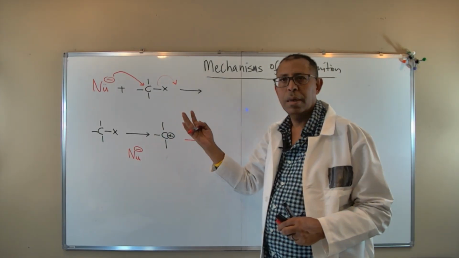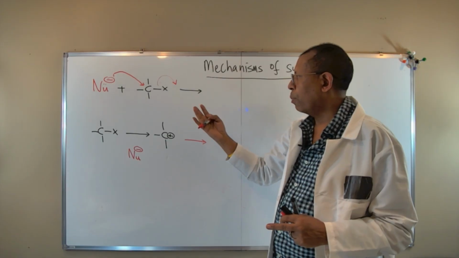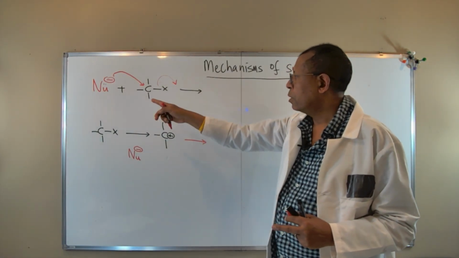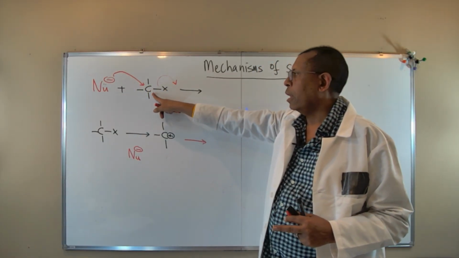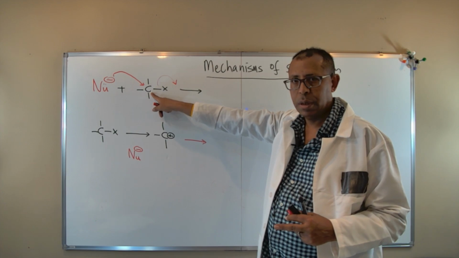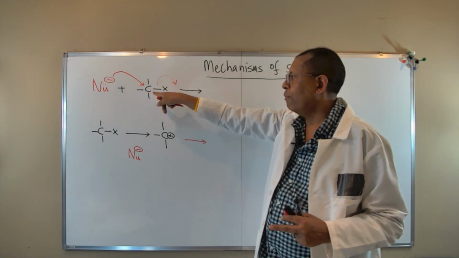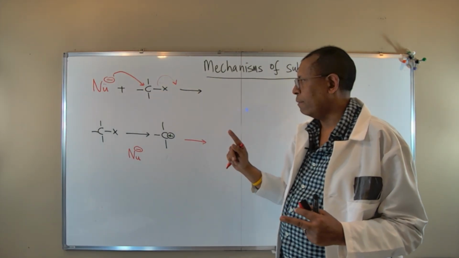So that's the first mechanism proposed in a substitution reaction. A nucleophile comes and attacks the alkyl halide carbon, and so that you don't violate the octet rule, the halide leaves.